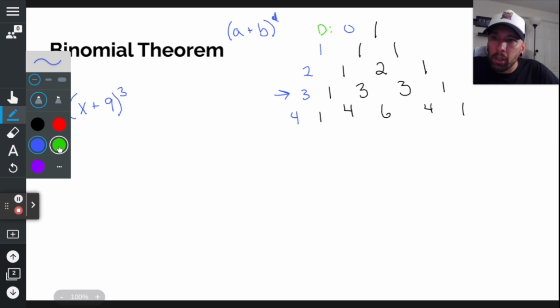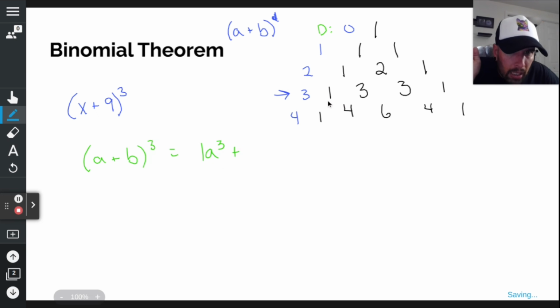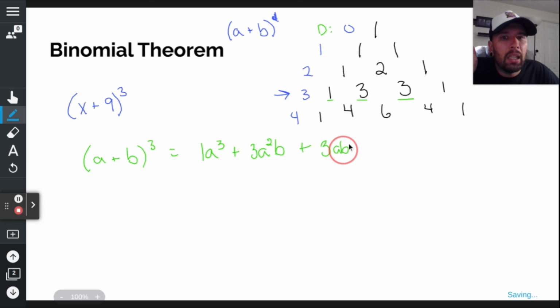Now, the binomial theorem states that for a plus b to the third, what you're going to write out is a to the third, so actually, invisible 1, a to the third, plus 3 a squared b, see what we're doing, plus 3 a b squared, plus 1 b cubed.